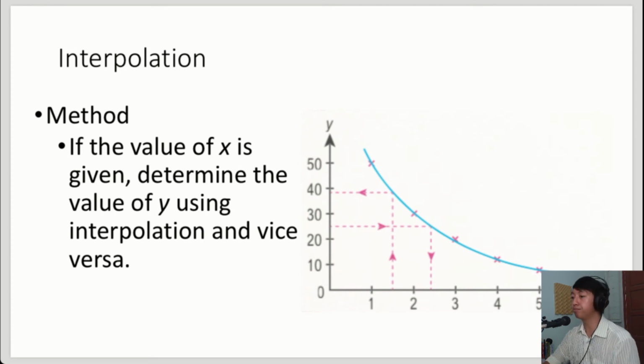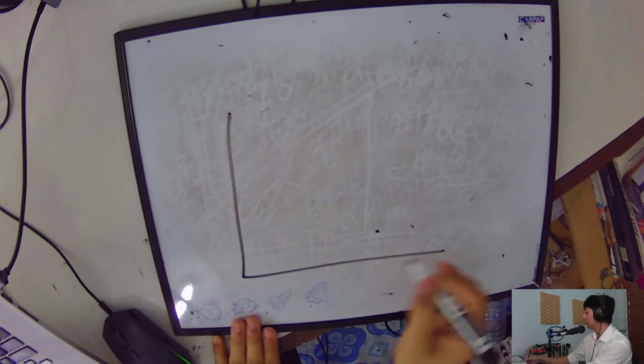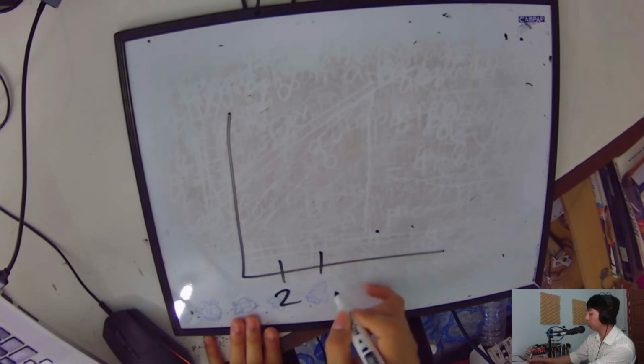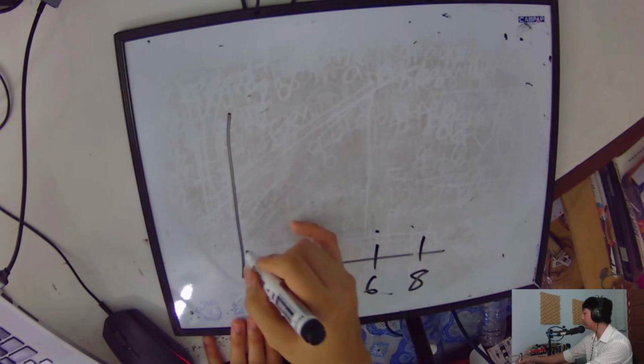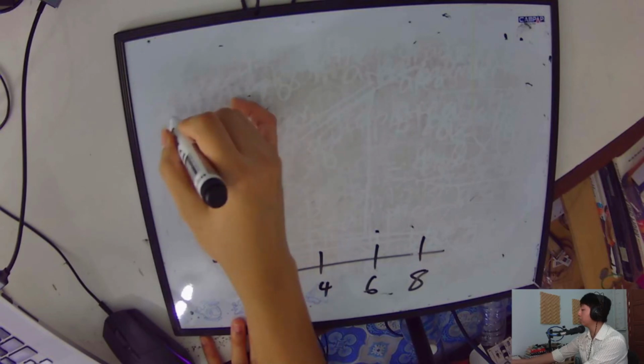For example, if you have a straight line like this, however, kamu punya data hanya 2 titik saja. So for example, you have 2, 4, 6, and 8, and you have 3, 6, 9, 12.